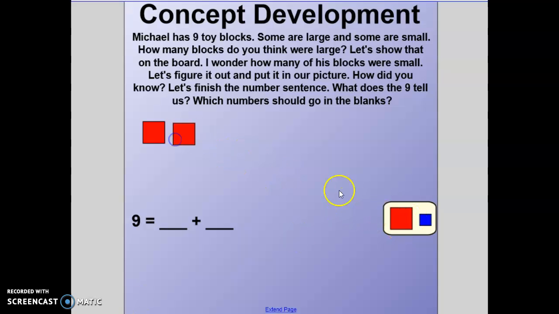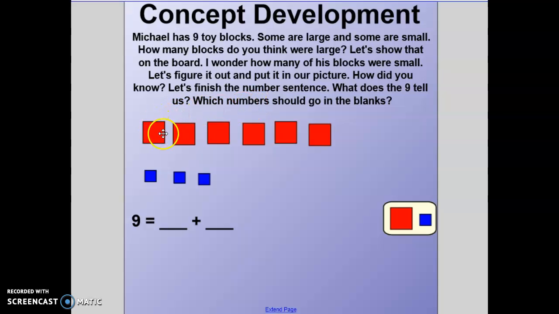Let's do 3, 4, 5, 6 large ones, and 1, 2, 3 small ones. How many do we have all together? Let's count. 1, 2, 3, 4, 5, 6, 7, 8, 9.